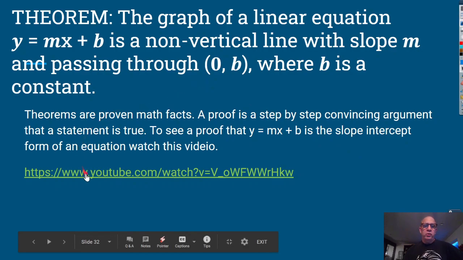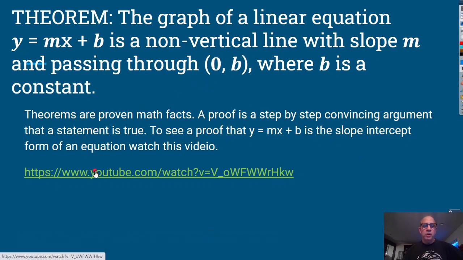Well, actually, you can choose to learn it if you want by watching this video. This video is proof of the theorem. The proof is a step-by-step convincing argument that this theorem must be true. It's not super important to completely follow the proof, but you must know that if I have an equation y equals mx plus b, it describes specifically a single line.